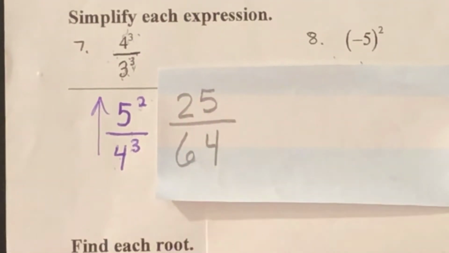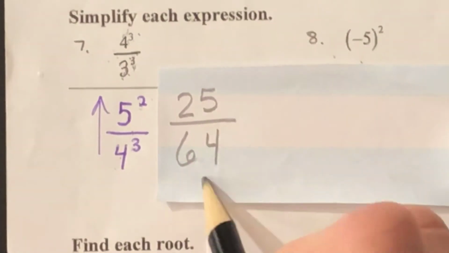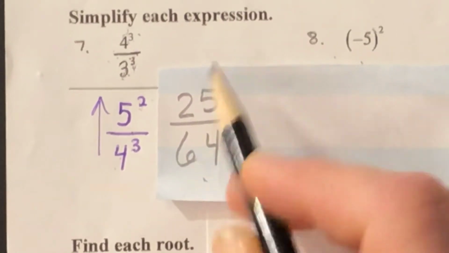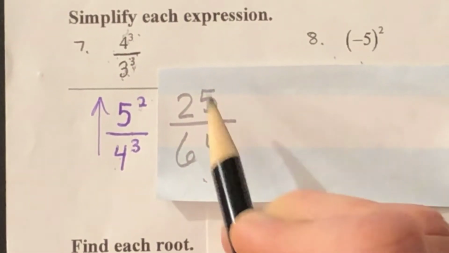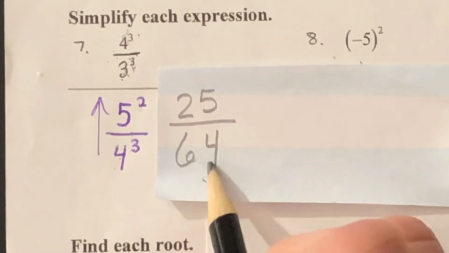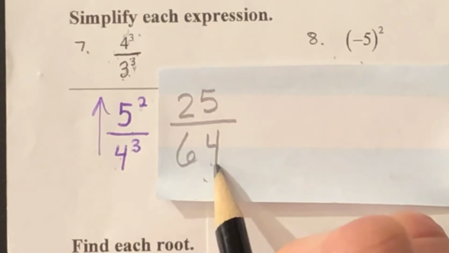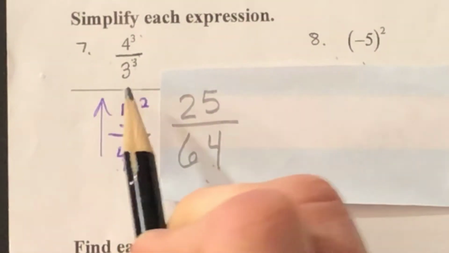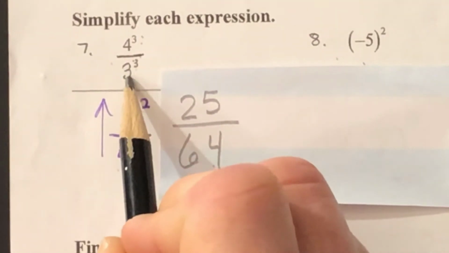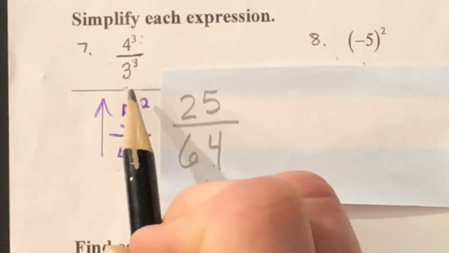Now I'll just treat that like a fraction. 25 over 64. Can I reduce it? No, I can't. It's not reducible. Is it an improper fraction that I can convert? No, it's not. So then I'm done. When I look at this, 4 cubed and 3 cubed, I know the top number is going to be bigger than the bottom number.